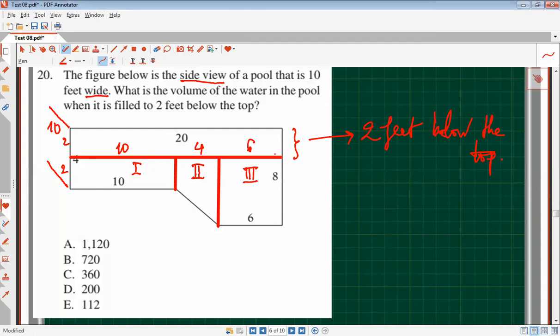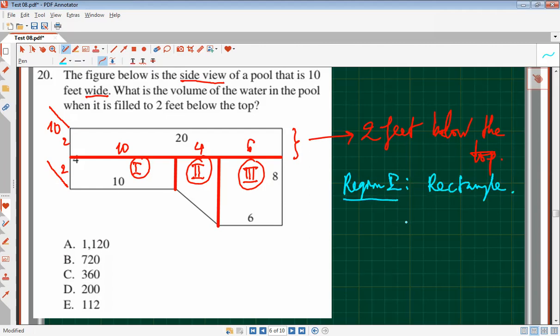We have 3 regions. Region 1, region 2, region number 3. Region 1 is a rectangle.